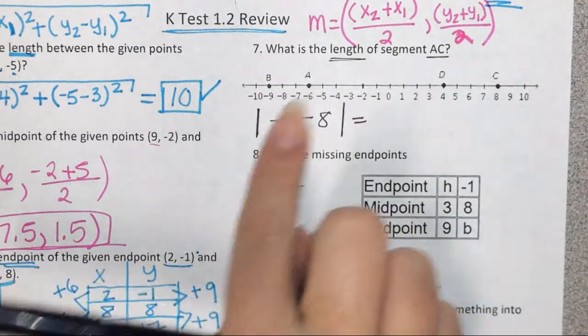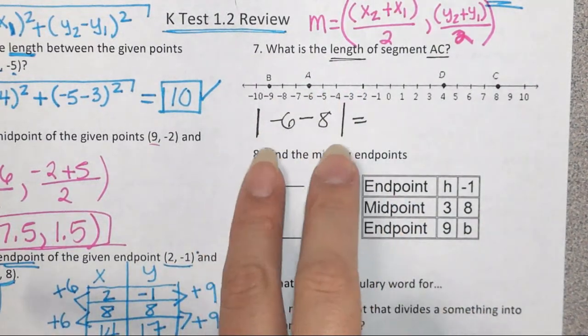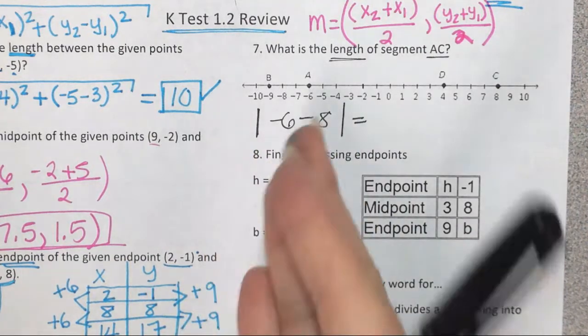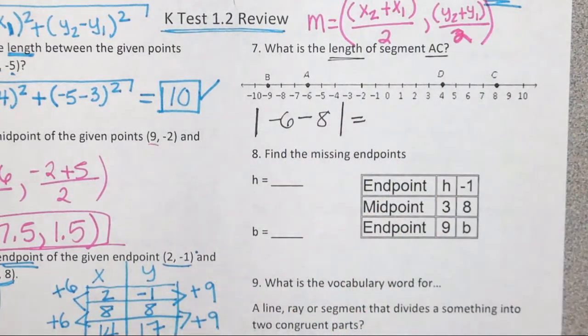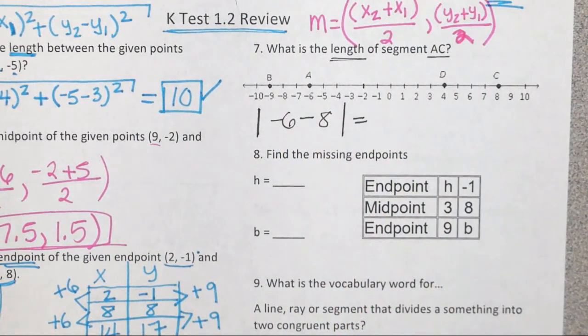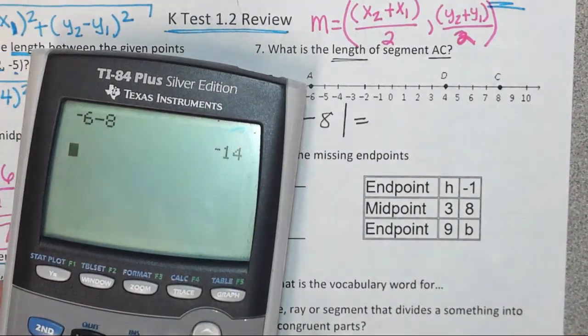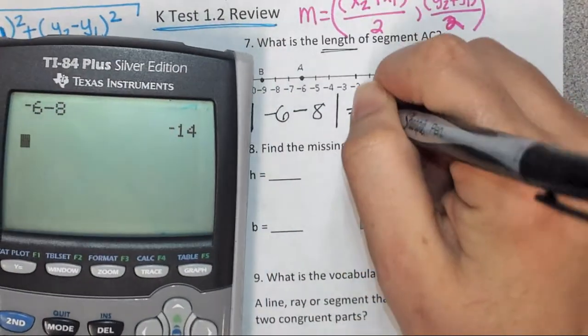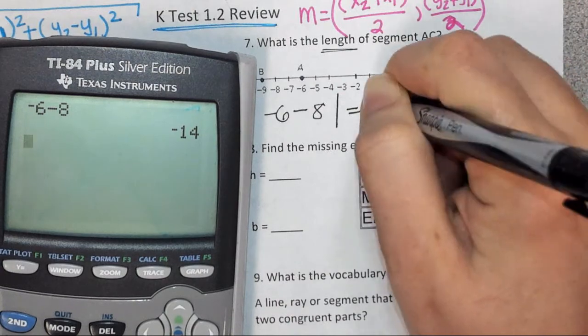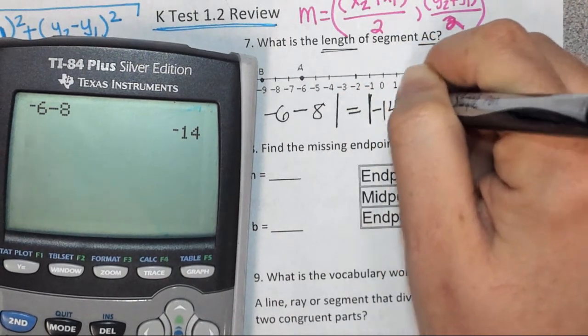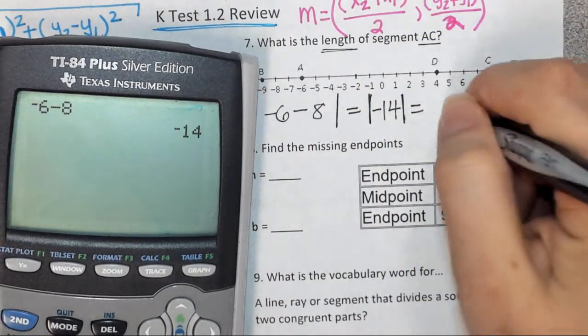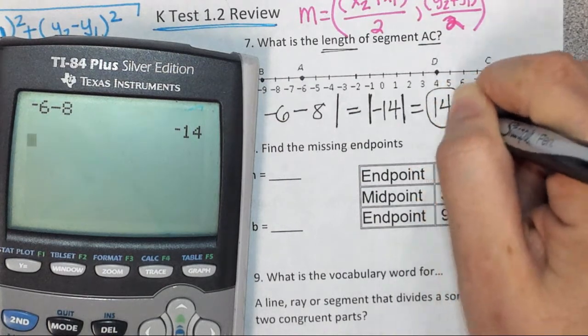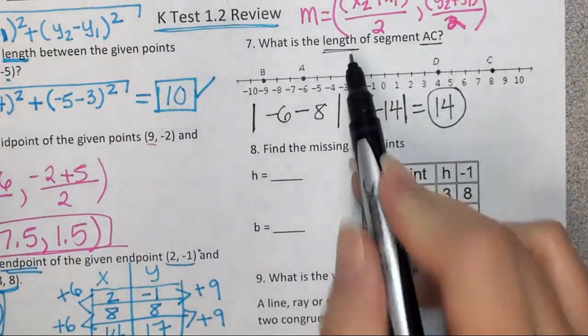So whatever answer we get here, these symbols mean that we take that answer and make it positive. So -6 minus 8 gives me -14, but my absolute value symbols mean that I need to make that positive 14. And that's my length.